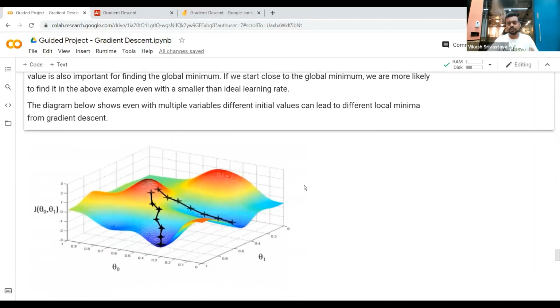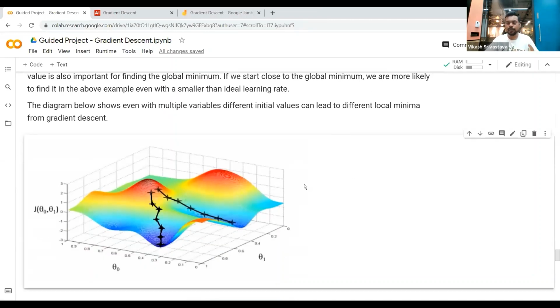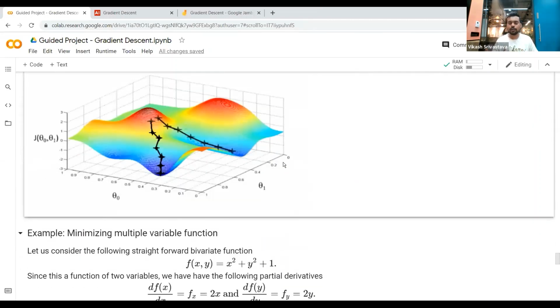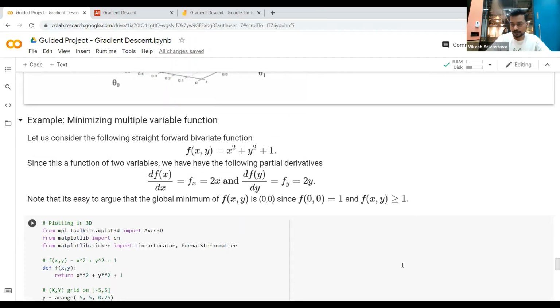But in complicated cases, you'll not know the minimum value of the loss function, or for which theta you'll get the minimum of the function. That will be a lot trickier, so you'll just need to make a randomly initialized guess. So these are the caveats.